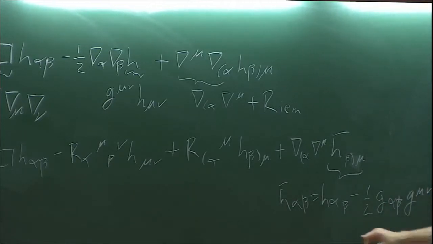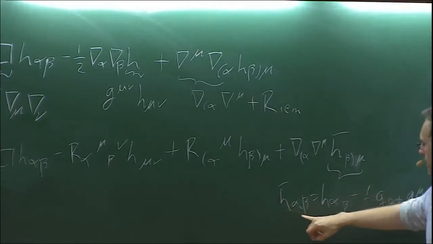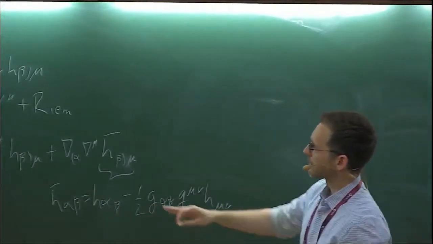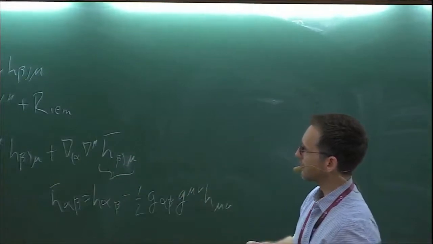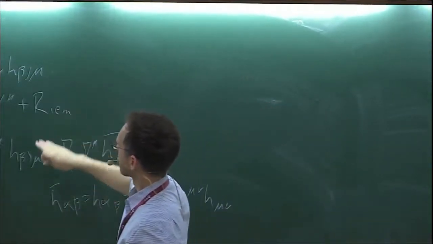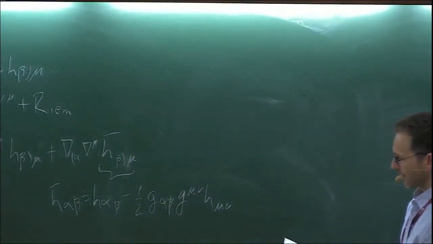It's called the trace reverse because if you take the trace, you find that the value of the trace of this is minus the value of the trace of that. Okay, so this is the Ricci tensor, or the linearized Ricci tensor. And it seems like going from here to here, I've made things more complicated rather than simplifying things. But you'll see why in a second.